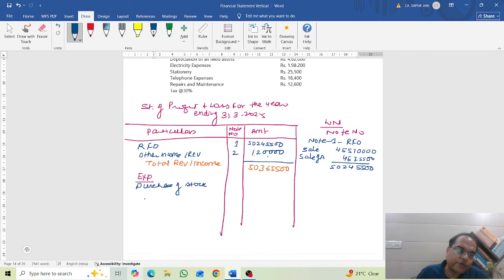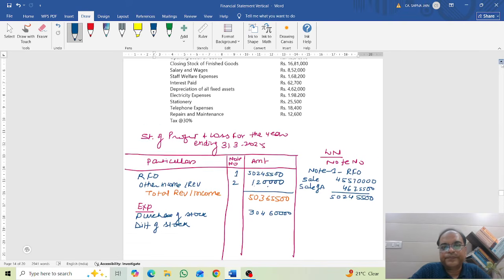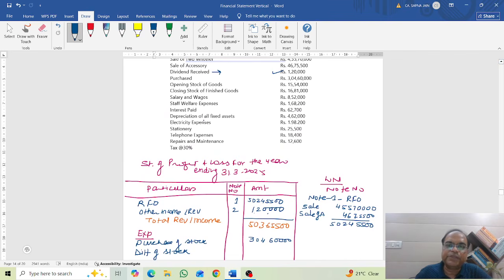Purchase of stock. How much? This is 304,600,00. Next item is difference of stock. Here opening stock minus closing stock. This is the purchase.